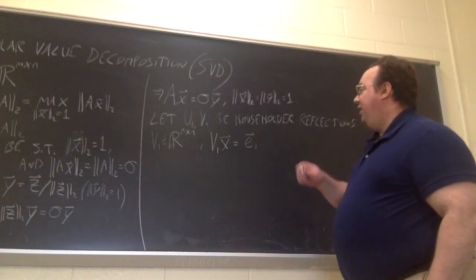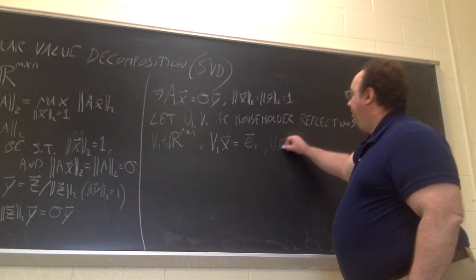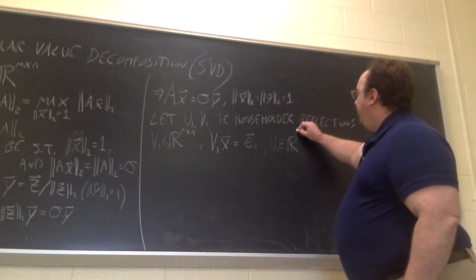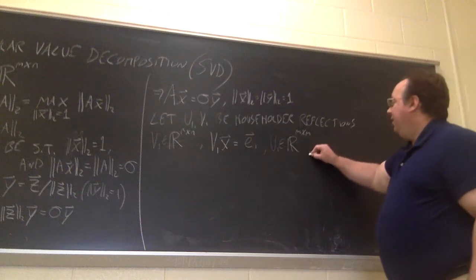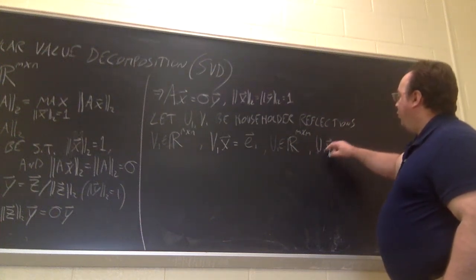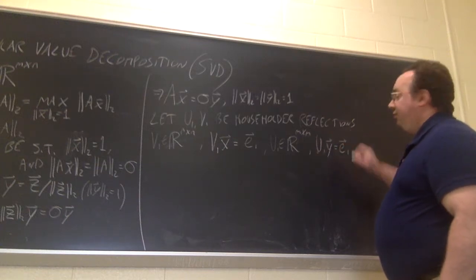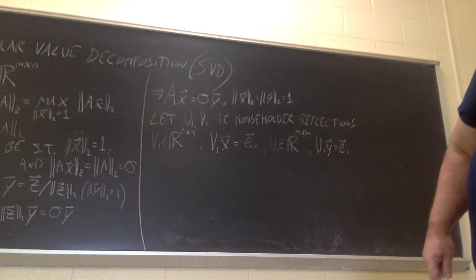And then U1 will be defined in a similar way. U1 is an m by m matrix, so that if I apply it to y, I also get e1. All right.